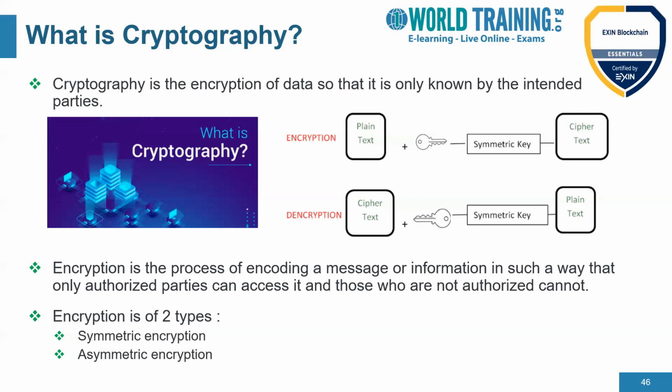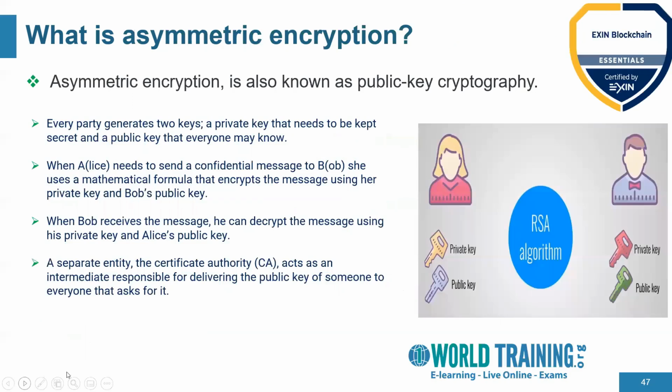Cryptography is the mechanism of encryption of data so that the data can be secure. So that's in a nutshell what cryptography is. For having the data secured, you use encryption as one of the mechanisms, and encryption can be of two types, which we already discussed, symmetric and asymmetric.